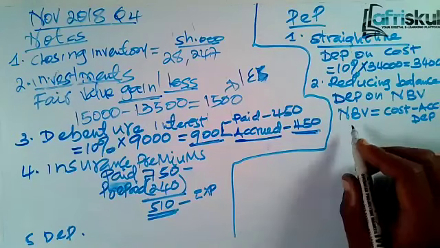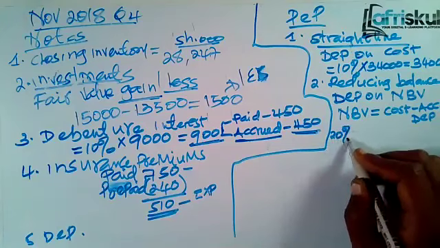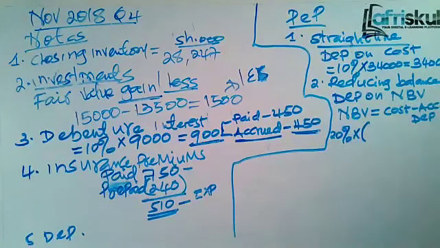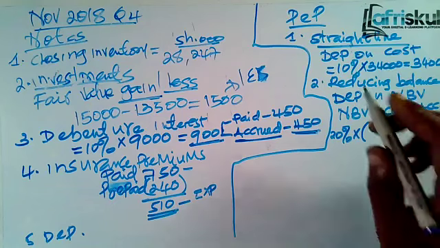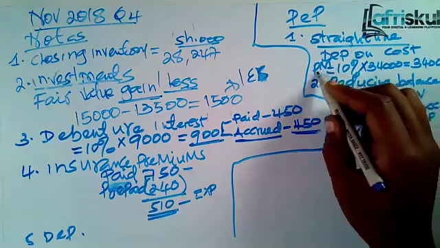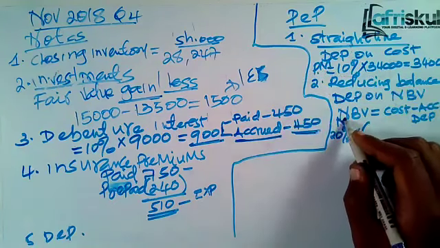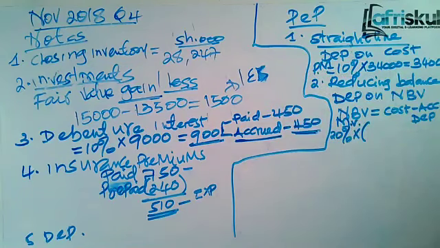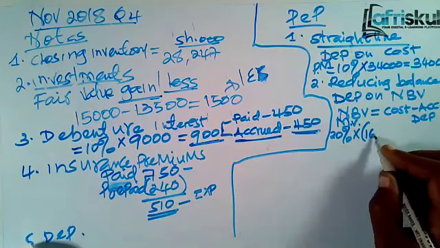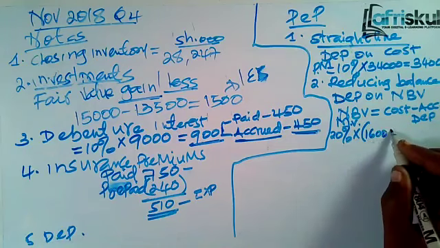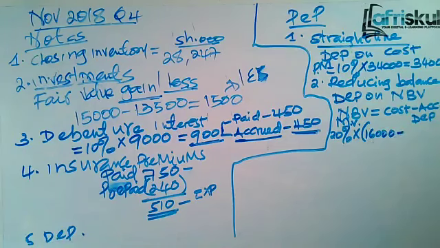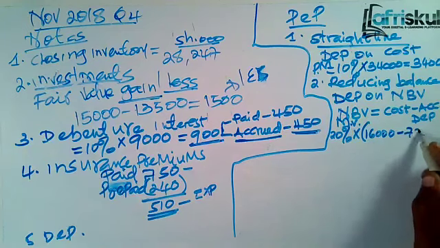So in that case, I will take the 20% and multiply by the cost of the motor vehicles. Remember, the previous one was the plant and machinery; I'm on the side of the motor vehicle. The cost given here is 16,000. So I will take 16,000 minus, when you check again on the trial balance, the accumulated depreciation, which is 7,200.